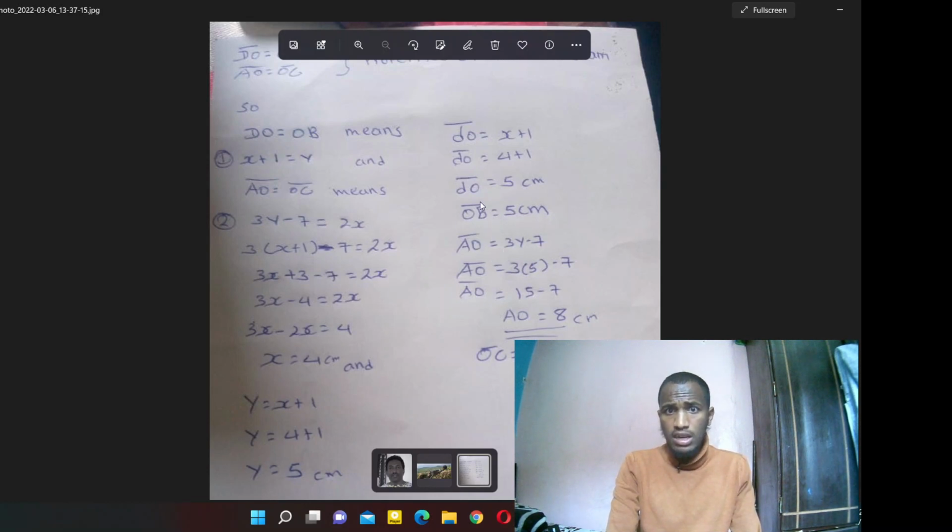And if you get DO, you can get OB, because DO and OB are equal, because the other diagonal bisects this diagonal. So AO is equal to 3y minus 7, and you got y is 5. Then you can just substitute y by 5, and you will get 8 centimeter. AO and OC, they are equal. If AO is 8 centimeter, OC will be 8 centimeter.